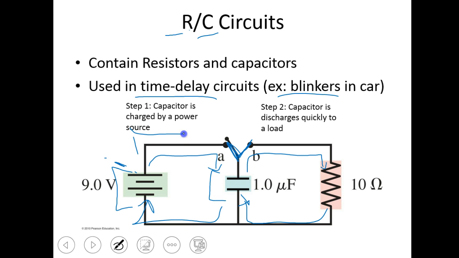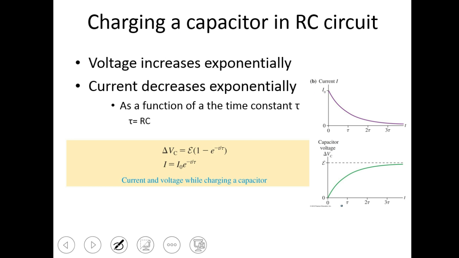The battery charges up the capacitor, and then it flips over and discharges very quickly to whatever the resistor on that circuit is. What we see is that as a capacitor is charged, the voltage increases exponentially on that capacitor.